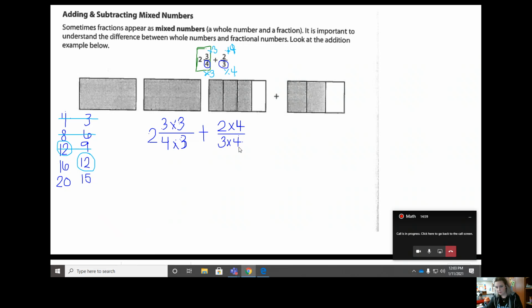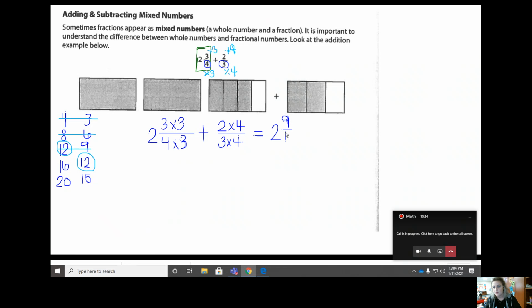All right, so we are still only looking at the fraction portion of this mixed number. We still don't need to do anything just yet with the 2, okay? So let's make sure we have all of our writing correct so we don't mess up and get the wrong answer. As usual, so this will turn into 2. 3 times 3 is what? 9. Very good.